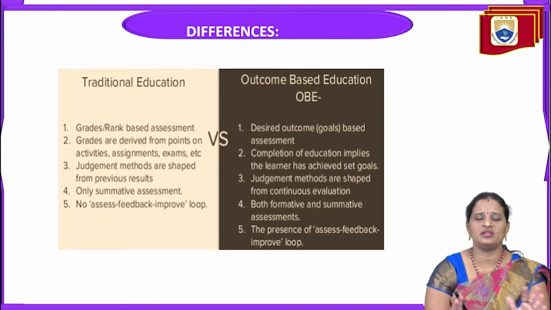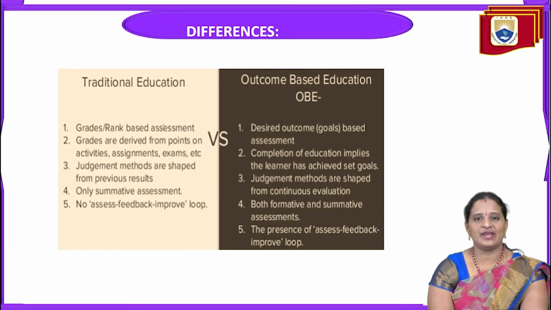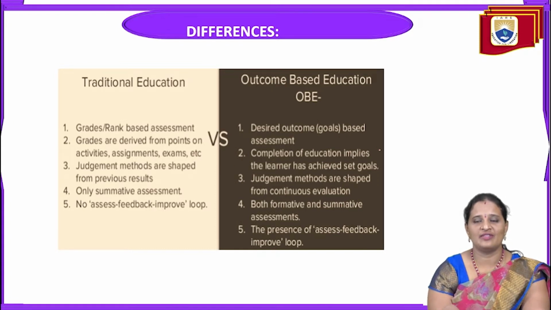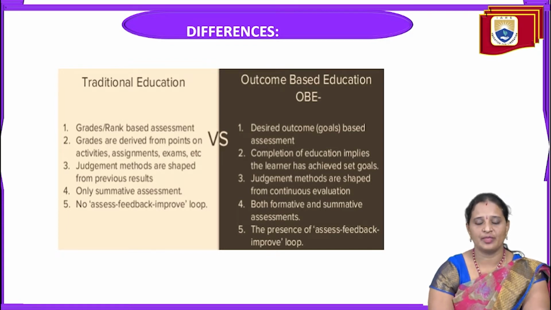And what are the major differences between traditional education and outcome-based education? In traditional education, the assessment is based on grades or ranks. Whereas in outcome-based education, the desired outcome-based assessment is done. That means if the goals of students are achieved, then the assessment is mainly based on the outcomes.